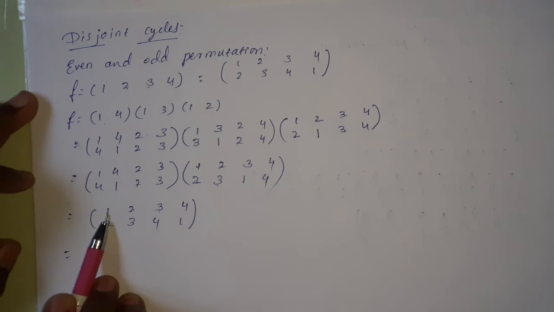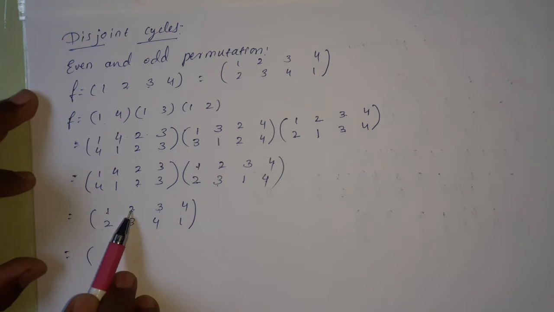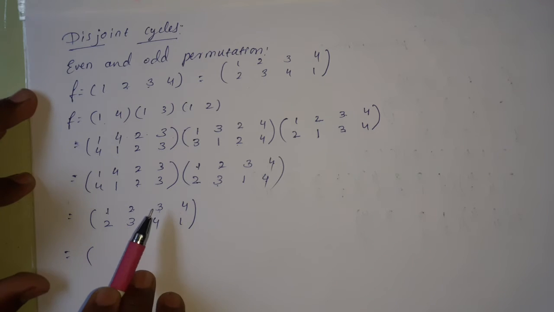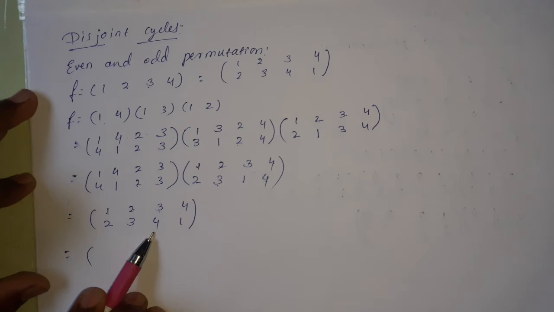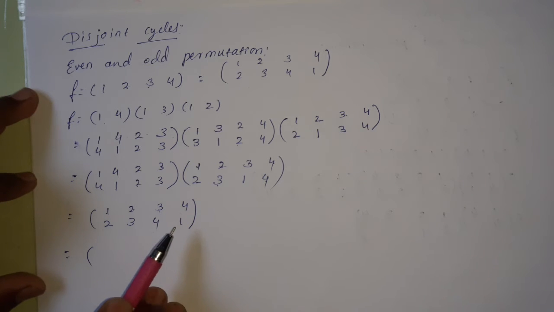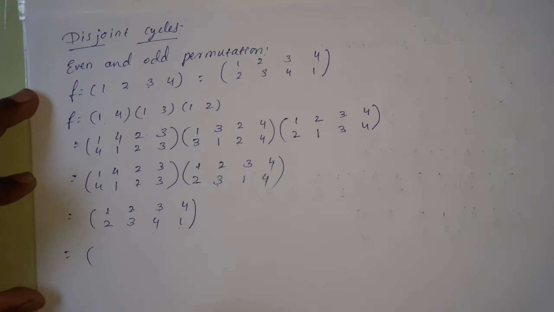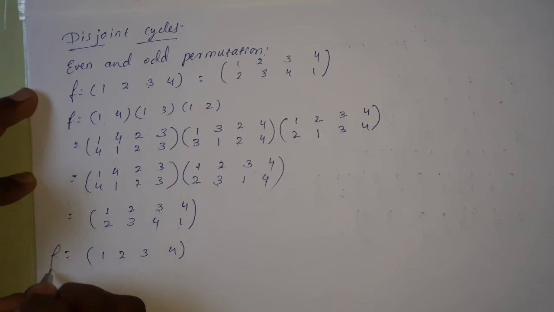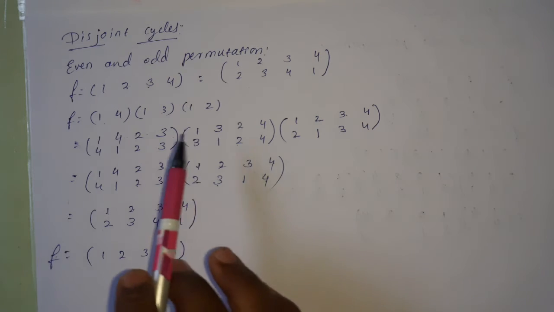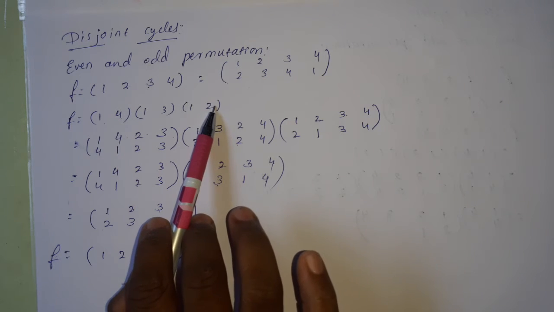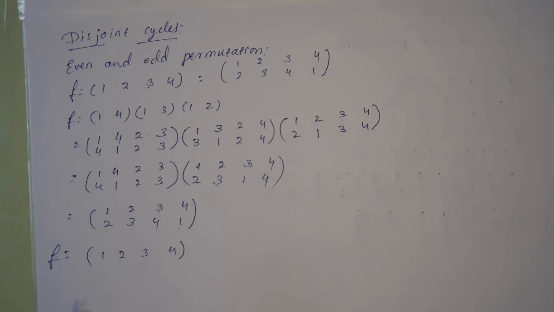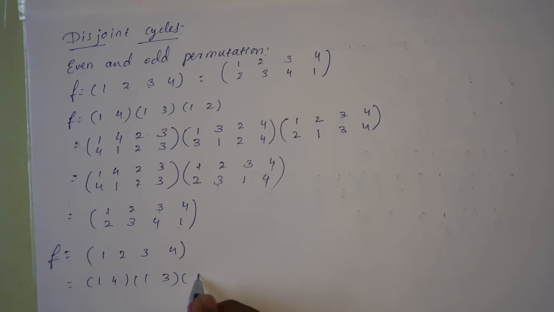Image of first element is second element, image of second element is third element, image of third element is fourth element, and image of fourth element is first element, means that completes a cycle, that is nothing but (1 2 3 4), which is equal to F. So from this product we again get the given cycle (1 2 3 4). Therefore every cycle can be expressed like this, that is (1 4)(1 3)(1 2).